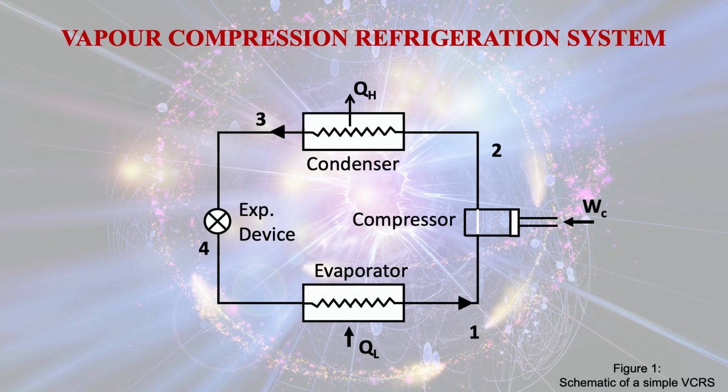Similarly, point 3 is the exit point of the condenser, and also the entry point of the expansion device, and point 4 is the exit of the expansion device. Point 4 is also the entry point of the evaporator. So we will discuss each and every component's functions in detail.